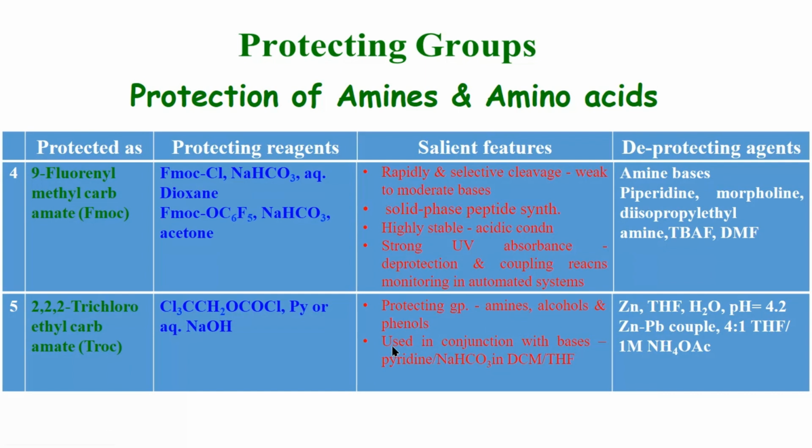They are more versatile than other protecting groups. TROC can be used in conjunction with bases like pyridine or sodium carbonate in the presence of DCM and THF. They are reductively cleaved by using deprotecting agents like zinc in THF and water, or zinc and lead couple. This is all about the various methods of protection of amines in the amino acids.